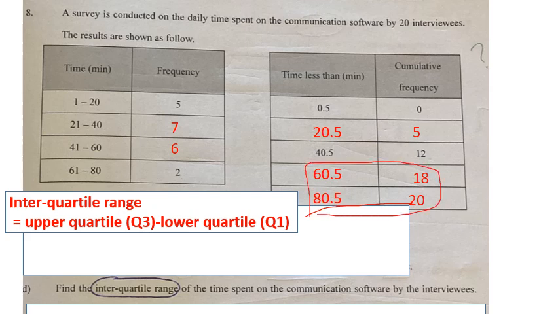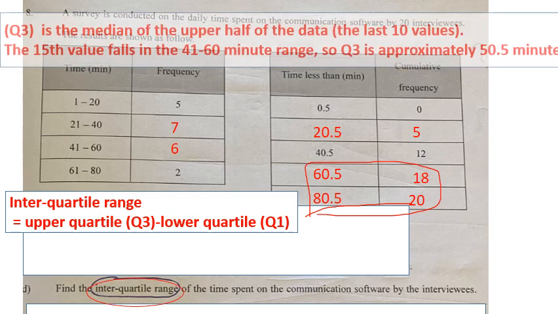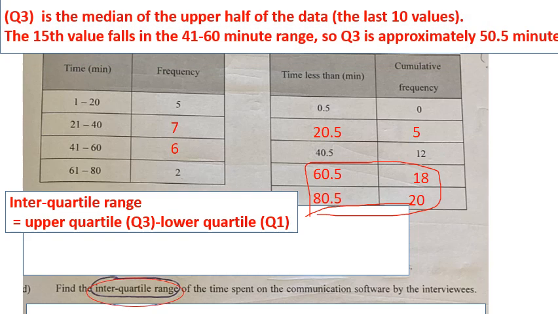Yes, you can find based on the total number of interviewees. There are 20. So the upper quartile is the median of the upper half of the data, the last 10 values.